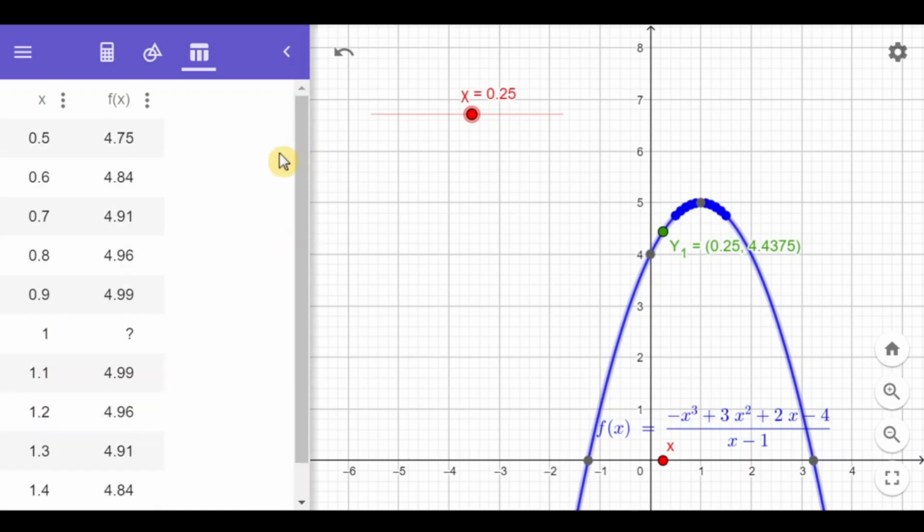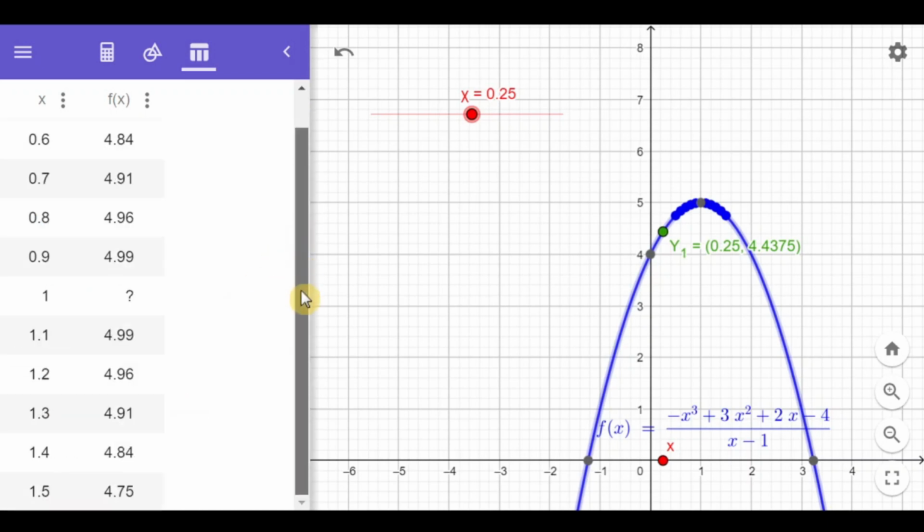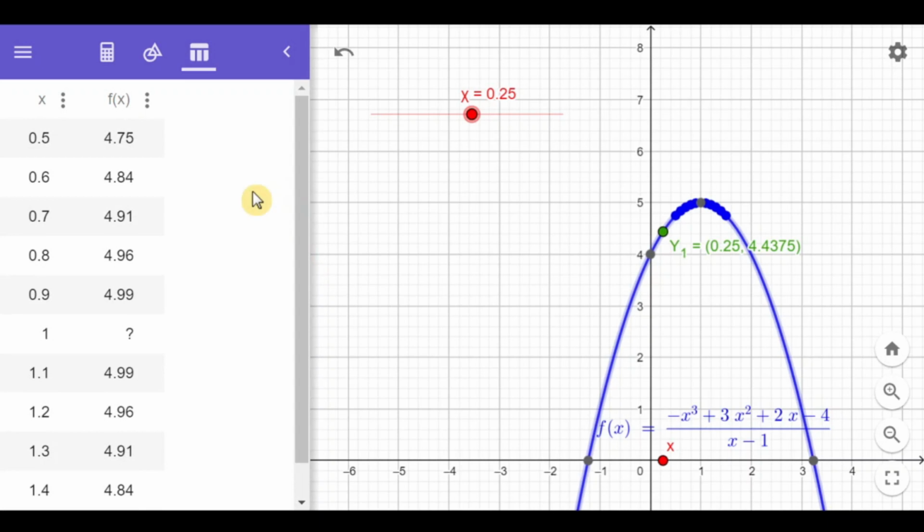So, we can actually observe and conclude the same using a table of values. So, these are the values that we identify as numbers that are close to 1 from the left of 1. See, 0.5, 0.6, 0.7, 0.8, 0.9. From the right side of 1, we have 1.1, 1.2, 1.3. Tapos, if we observe the values of f of x, 4.75, 4.84, 4.91, it is actually increasing, but it will never exceed 5.